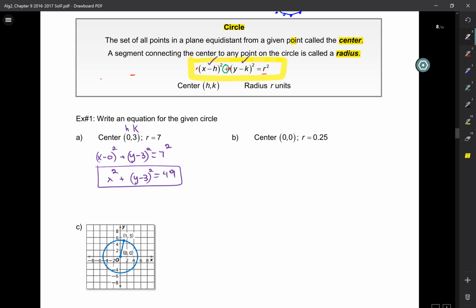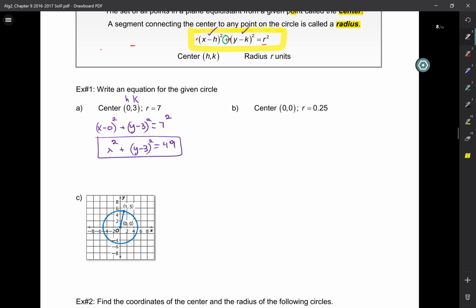Yes, we have to simplify because we're now in March of our Algebra 2 year, right? And we can do this. Can you root it all to get rid of the squares? No, absolutely not.